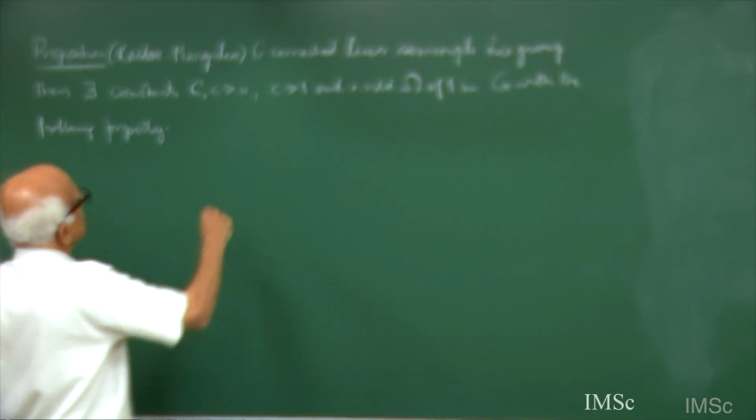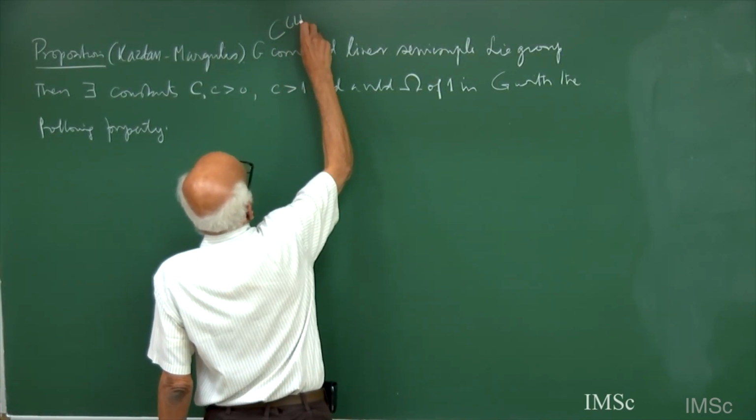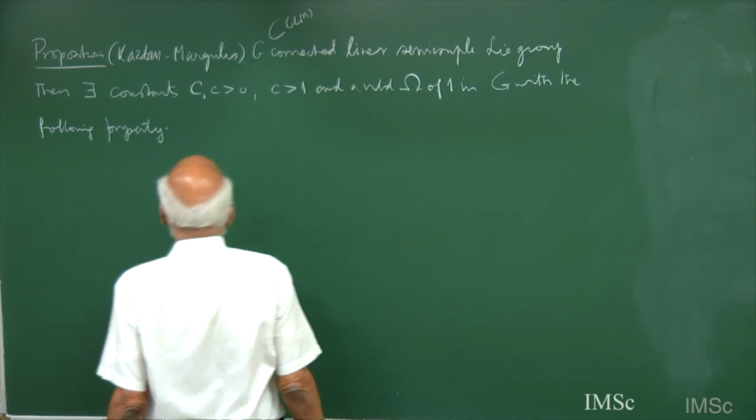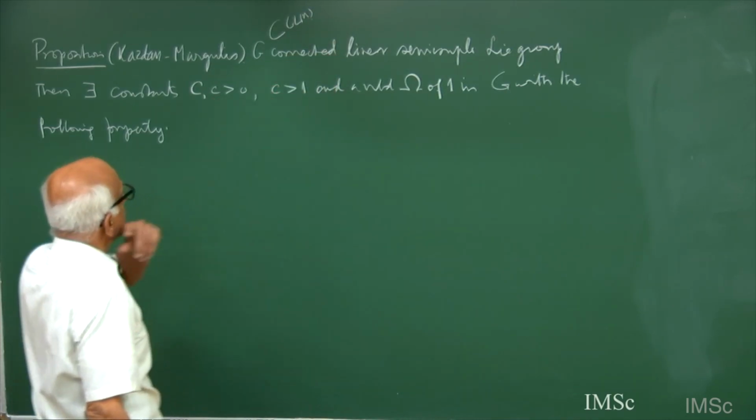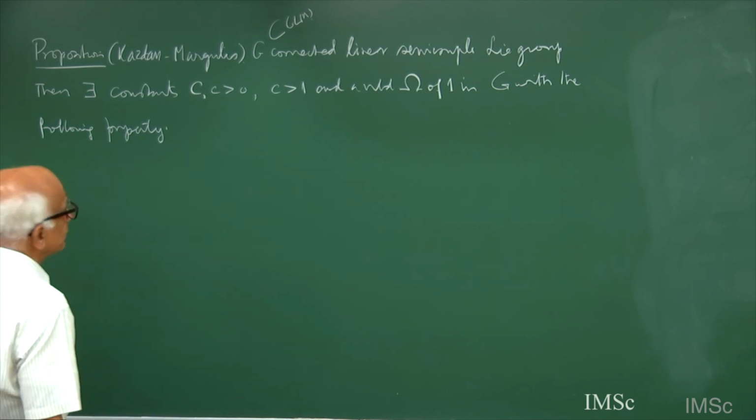I will assume G is contained in GLN, and I will write norm for the usual norm on matrices.